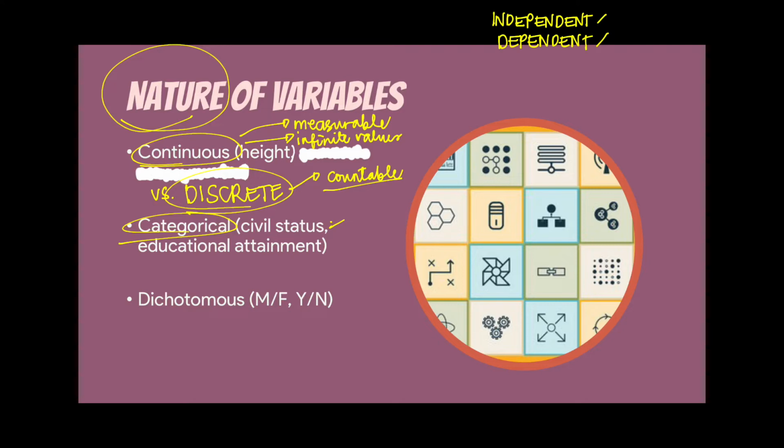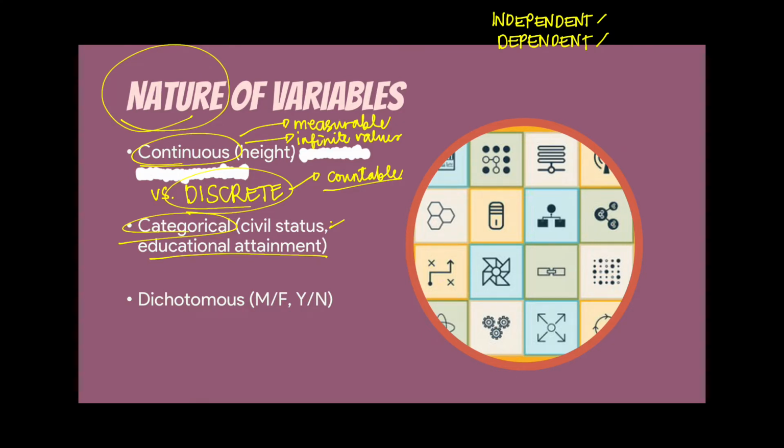But we also have categorical variables that have a logical order. For example, educational attainment, like we have elementary graduate, junior high school graduate, senior high school graduate, college graduate, etc., and no schooling. We do know that there is a logical order for this, with elementary graduates of lower educational attainment compared to the college graduates.